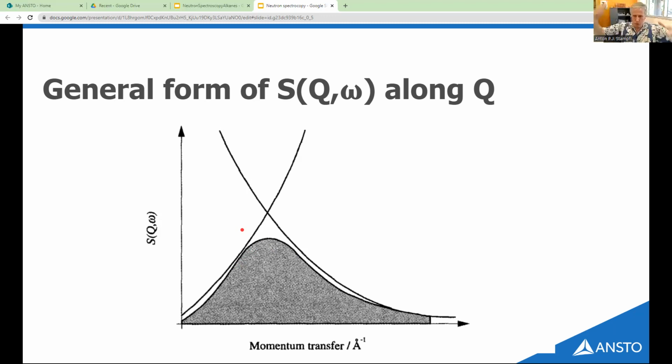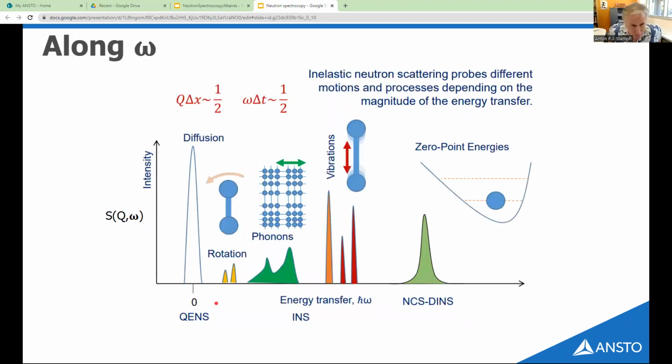It has a distribution, okay? It has a type of normal distribution, and that corresponds to two parts of the scattering function, which I'm going to get to. One part is due to the Debye-Waller term, and another part is called the prefactor term. And that creates this distribution in Q. So we always see that.